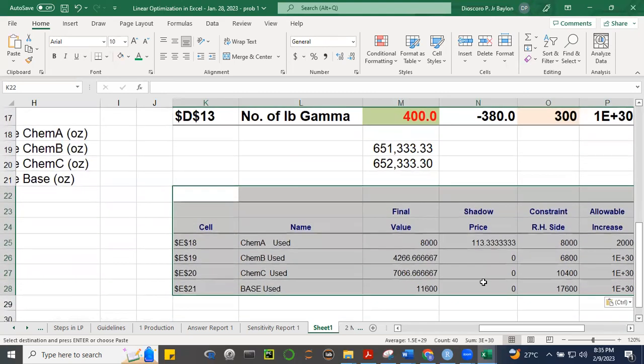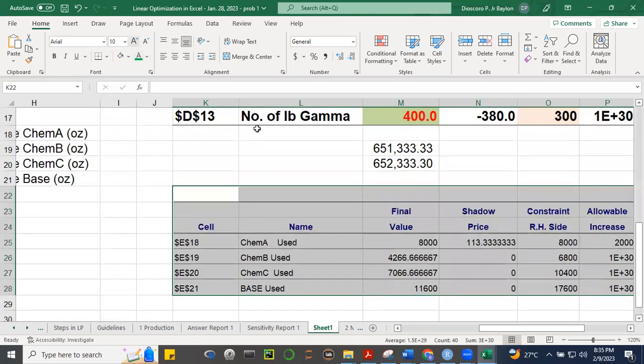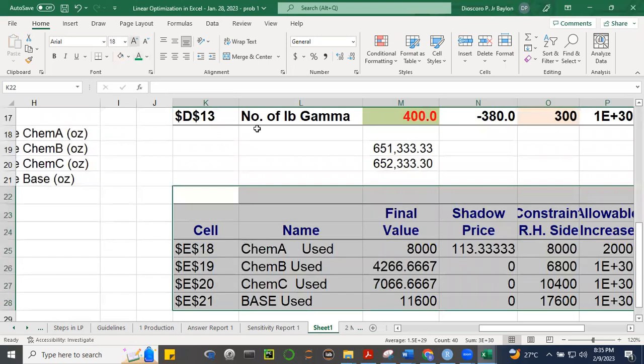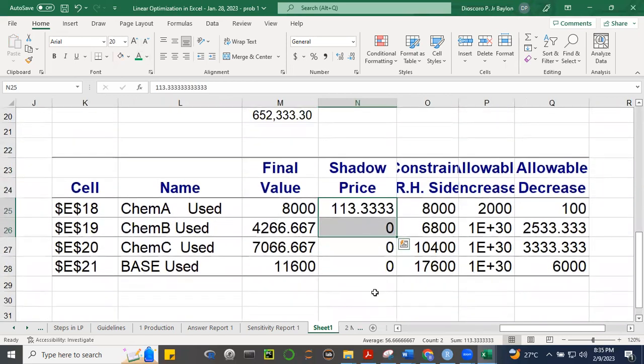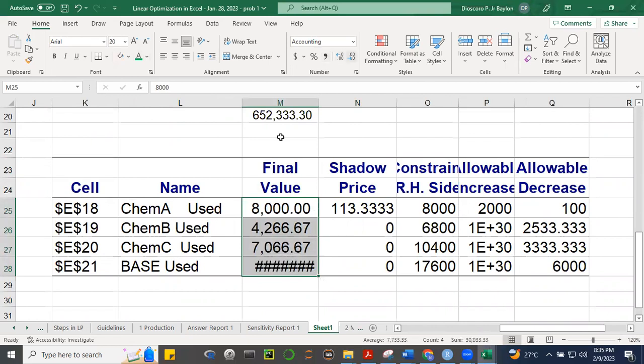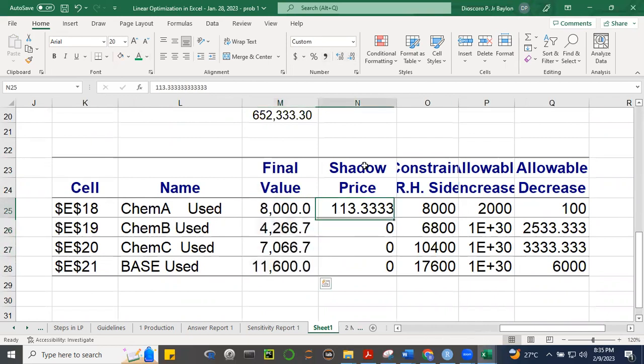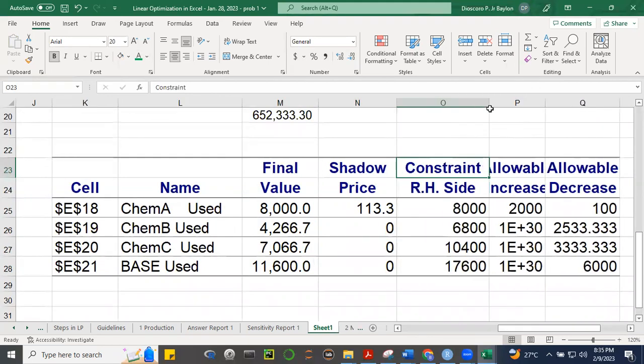All right. So dito, instead of yung reduced cost, meron tayong shadow price. Lakihan muna natin to. Alright. Meron din tayo ditong mga may final values din. Gawin ko lang 1 decimal place. Okay. And again, meron tayong, okay.